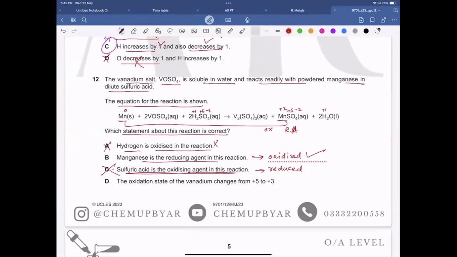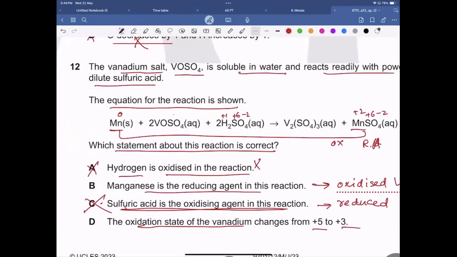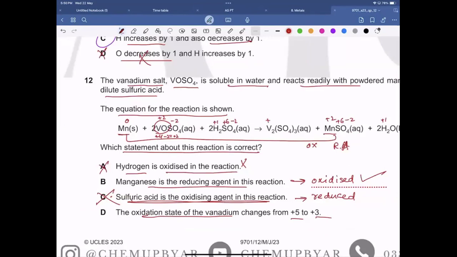Now, the oxidation state of vanadium changes from +5 to +3. Let's have a look. If you see, this SO4 over here is -2, and this VO over here is then +2. So vanadium is going to have a +4 oxidation number because oxygen has a -2, so we get a net charge of +2. And over here, it's +4.